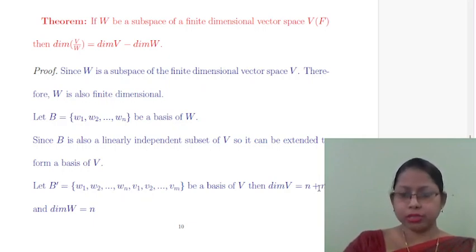Again, the dimension of W is n. Now dim V minus dim W is n plus m minus n, that is m.